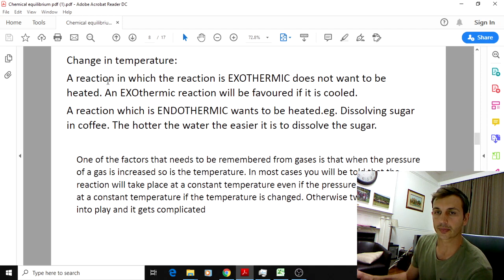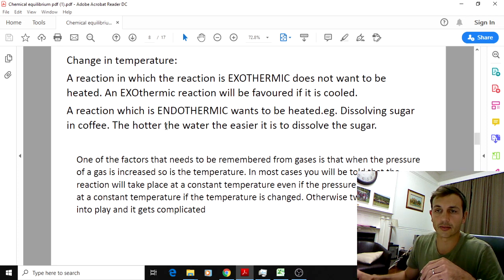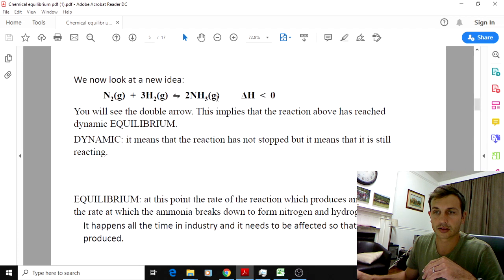Alright, so a reaction in which the reaction is exothermic doesn't want to be heated. So an exothermic reaction will be favored if it is cool. A reaction which is endothermic wants to be heated. Remember, with exothermic reactions, the energy is given off.